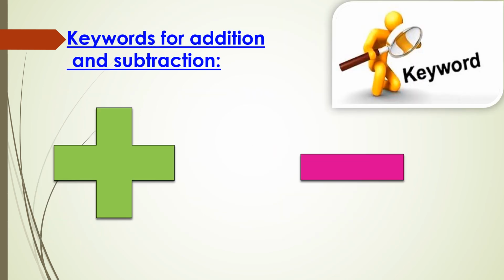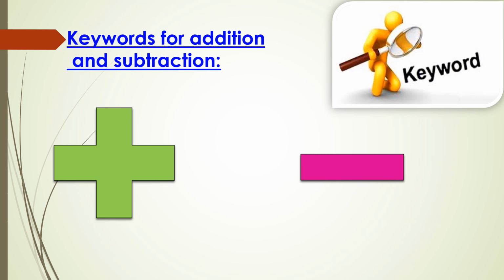We said before that while solving story problems, we have to underline the keyword. So what are keywords used for? We use keywords to help me decide whether the story problem is addition or subtraction. So we have to memorize addition keywords and subtraction keywords.